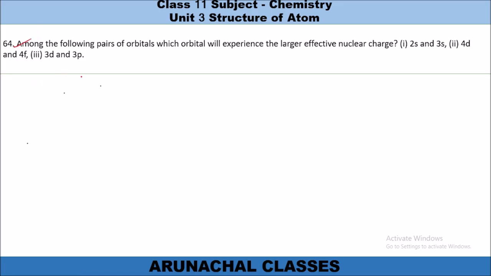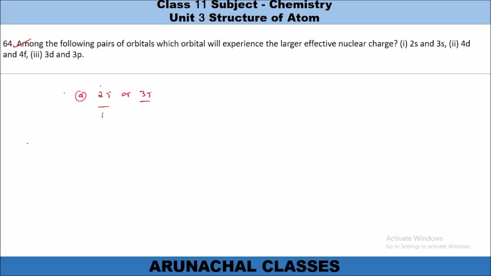Among the following pairs of orbitals, which orbital will experience the larger effective nuclear charge? So A, whether it is 2s or 3s orbital, which will experience larger effective nuclear charge.